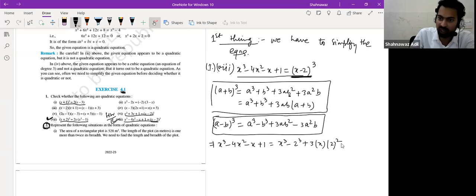And then you have minus 3a square b, right? So this would be how much? x cube minus 4x square minus x plus 1 equals x cube minus 8 plus 4 threes are 12x and minus 6x square, right?